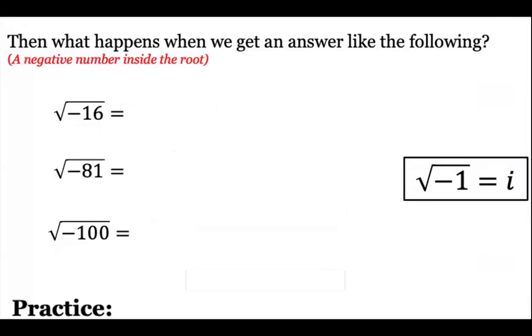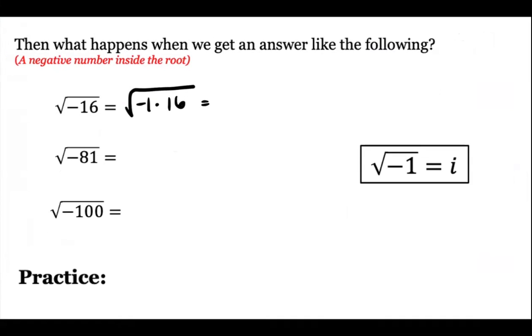So over here is a true statement. The square root of negative 1. Since it has no number, we give it a letter, i. Okay. So what I'm going to do is rewrite this problem, except I'm going to separate it: negative 1 times 16. Right? So now they're separated.